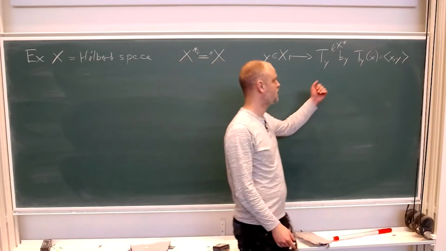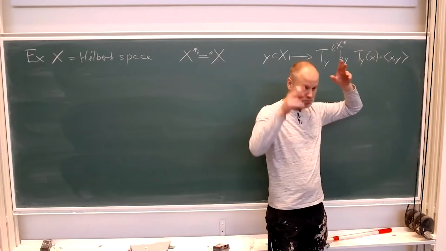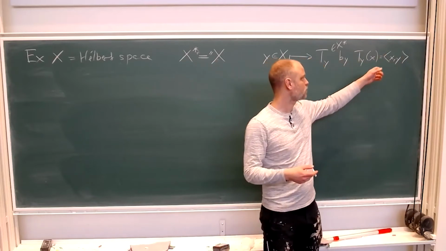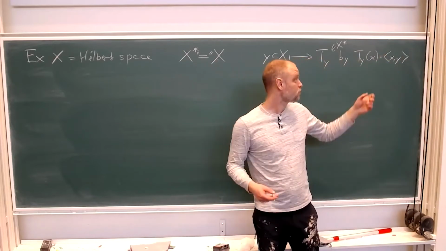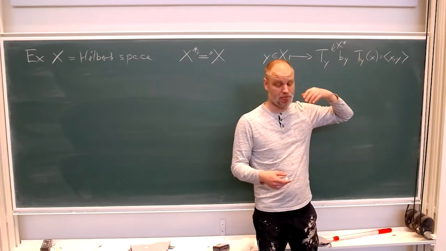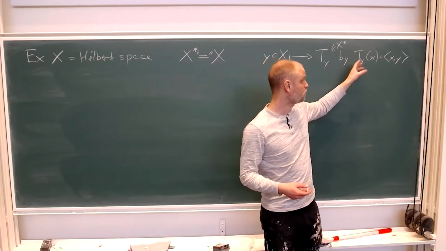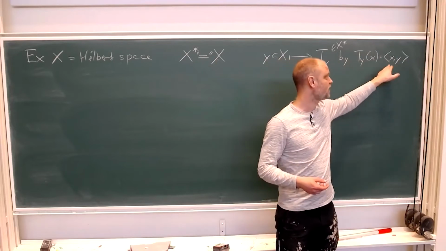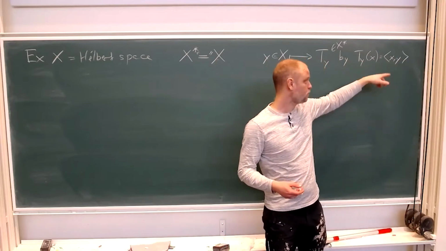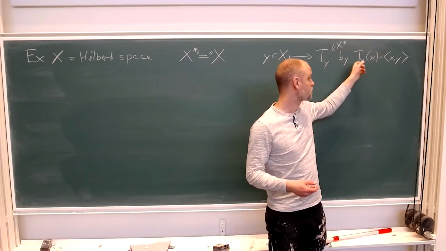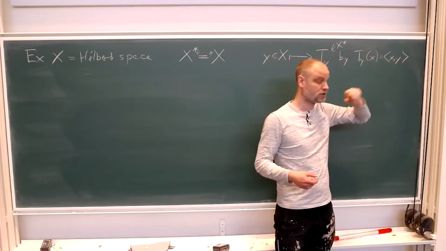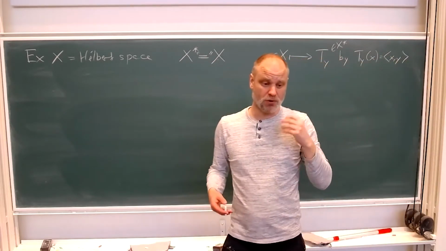Cauchy-Schwarz says that this in modulus is less than or equal to the norm of x times the norm of y. So for the norm of ty, you compute the supremum of this thing divided by the norm of x. If you use Cauchy-Schwarz, the norm of x disappears, so the norm of ty is less than or equal to the norm of y.